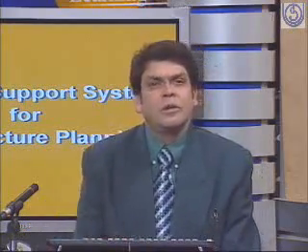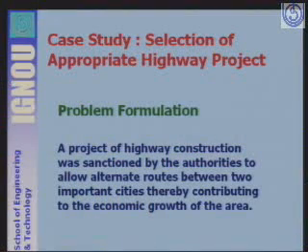We go further and we formulate the problem. As I told again and again, the case study I have taken is a highway construction project sanctioned by the authorities to provide alternative routes between 2 important cities, thereby contributing to the economic growth of the area. So the problem is that we have to connect these 2 cities by a highway.